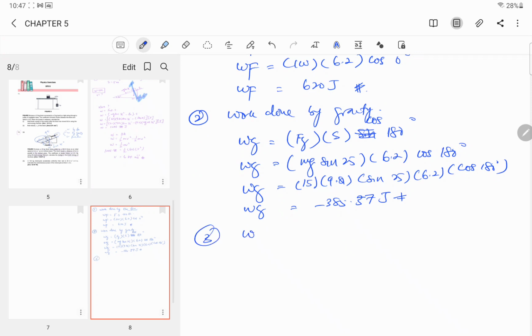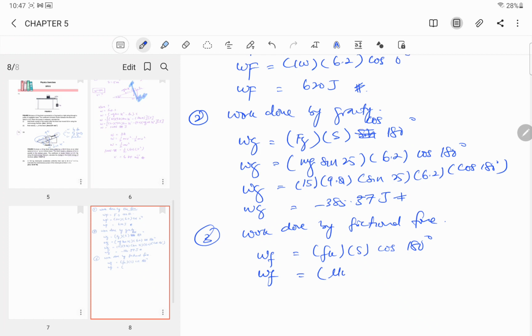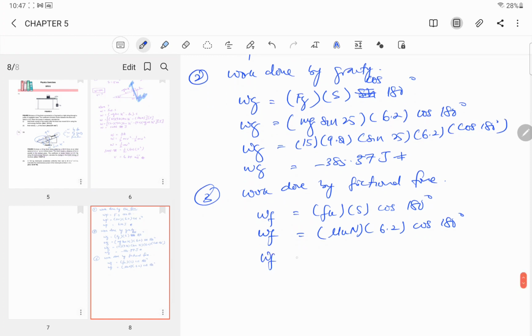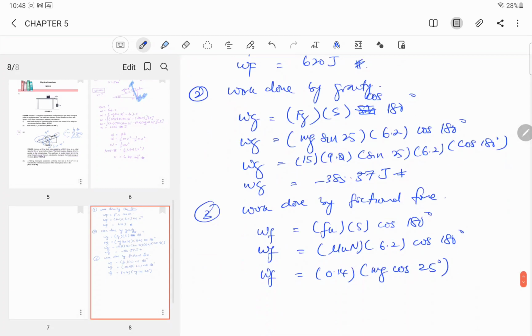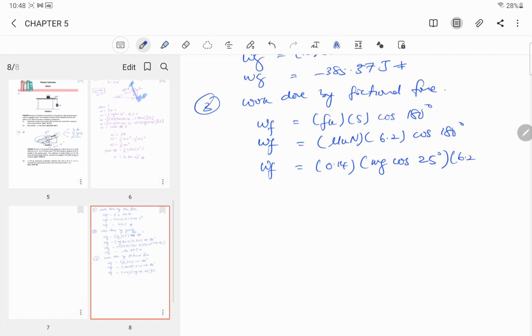Then number 3, you have to find the work done by friction. The coefficient is 0.14, and the normal force is W cos 25, with s equal to 6.2.